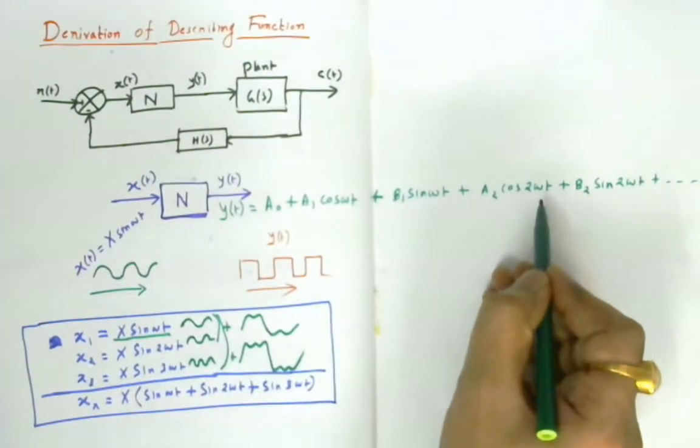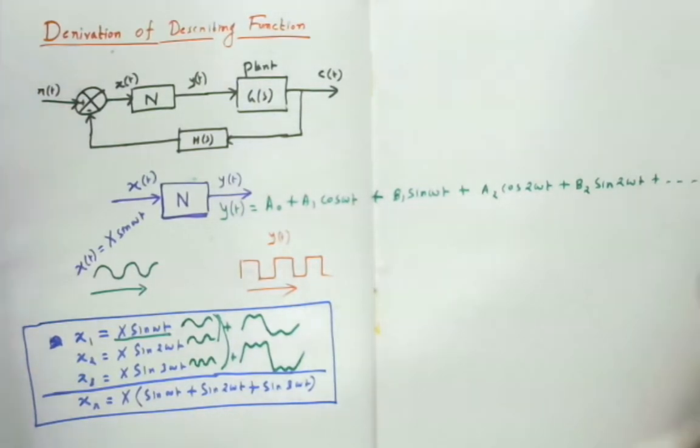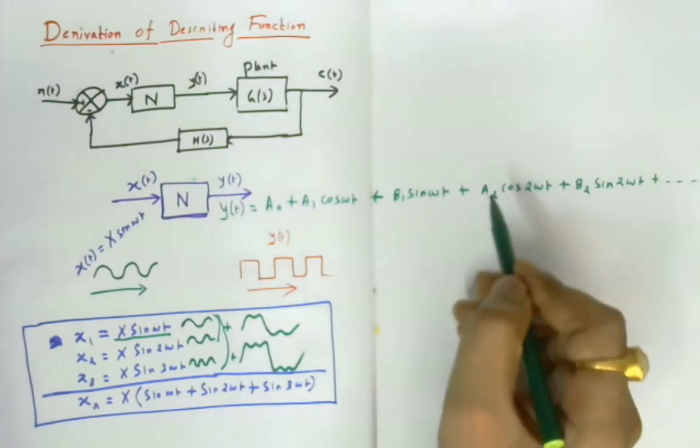And a2 cos 2 omega t plus b2 sin 2 omega t plus a3 cos 3 omega t plus b3 sin 3 omega t are the higher components, the third harmonic component, fourth harmonic component, and so on.